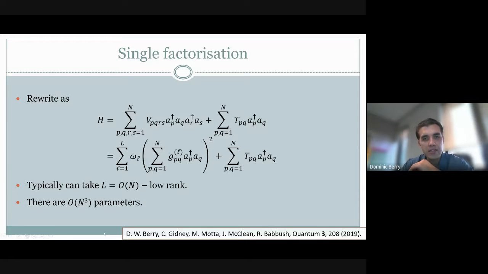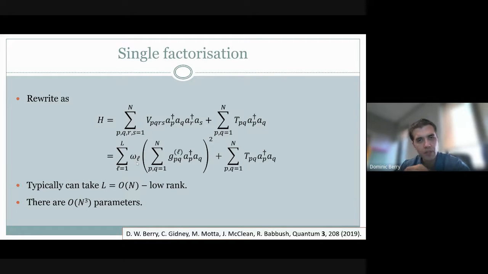So the idea there is that this first term, that's the electron-electron interactions, and that's the largest, just because it has, you see, that's a summation over P, Q, R, and S. So we don't worry about the single electron one, we do a factorisation on the 2-electron one, and basically you have this rank here, which is L, which would be n squared to give you something here which is exactly the same as here. But it's found that this L can be truncated to order n in practical cases.